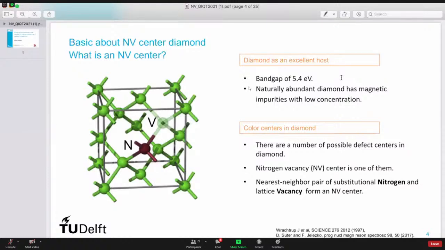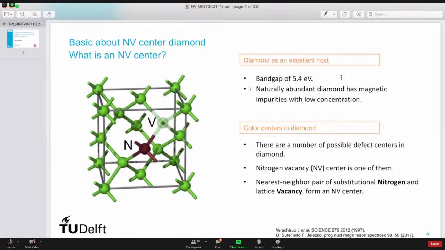And in the vacancy there are 3 electrons that come from the 3 nearby carbon atoms; out of these 3 electrons, 2 form a quasi-covalent bond, and the third one remains unpaired. So this is the electronic structure of what is called a neutral nitrogen vacancy center in diamond.